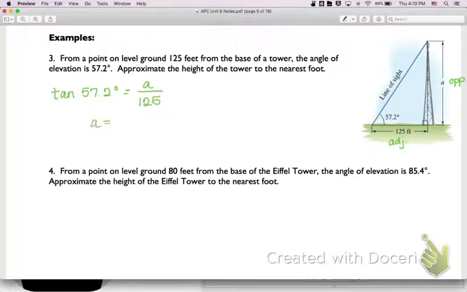So A is going to be 125 times tangent of 57.2 degrees. That's 193.96, so that's going to round up to 194, which is what they wanted anyways, to the nearest foot. Easy. When we round to the whole number, that's nice.